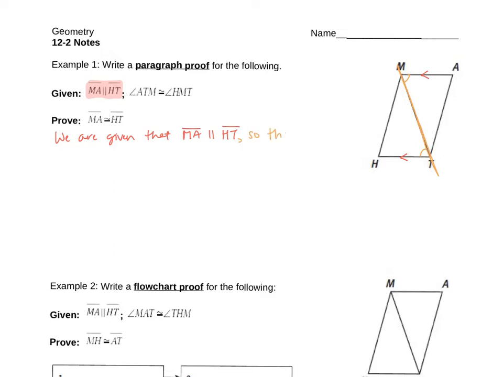So that means our two angles are congruent through alternate interior angles, all right? So that means that angle MTH is congruent to angle TMA by alternate interior angles theorem.